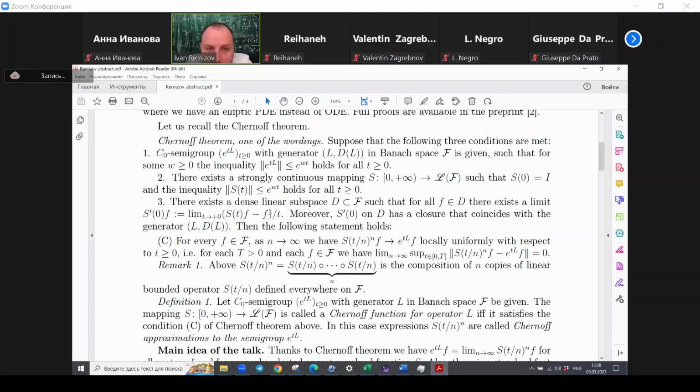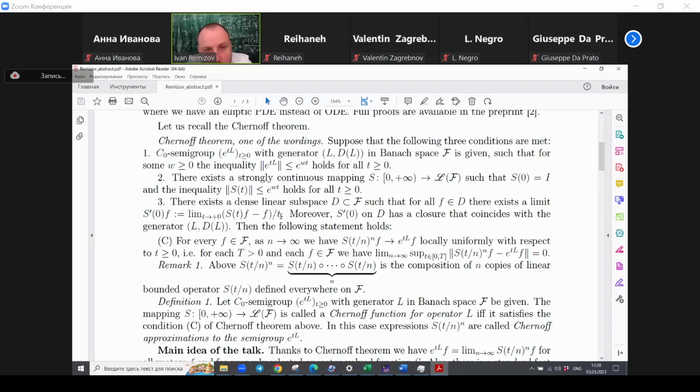As it is a linear subspace in Banach space, we can ask if this operator S prime of 0 is linear, and due to the properties of the limit, we can show that it is linear indeed on this subspace.